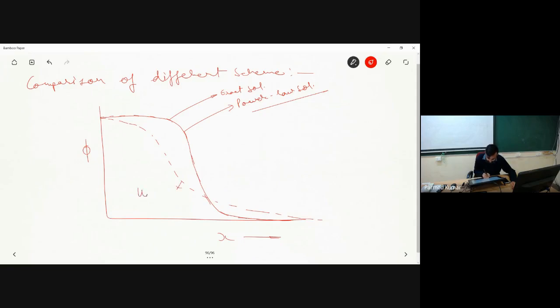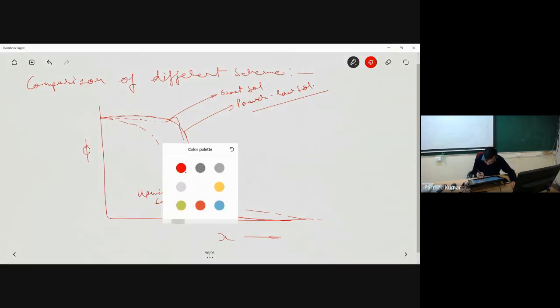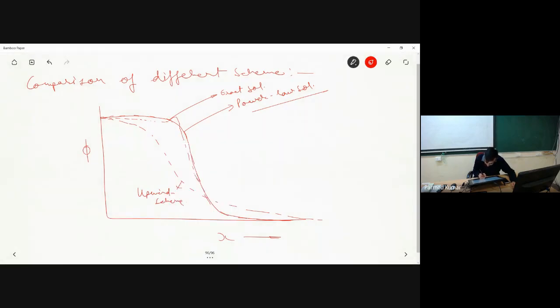So this is my upwind scheme. Okay. And if I see the hybrid scheme, the hybrid differencing scheme will give me a solution close, but in some portions it will give me an unbounded solution. Okay, so this particular scheme is nothing but our hybrid scheme.